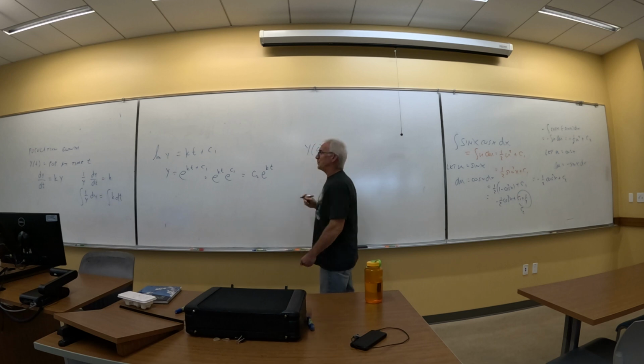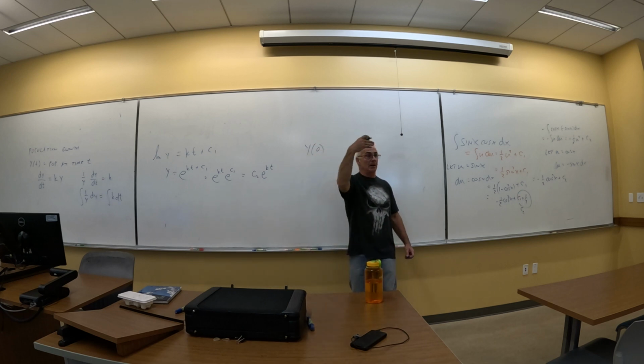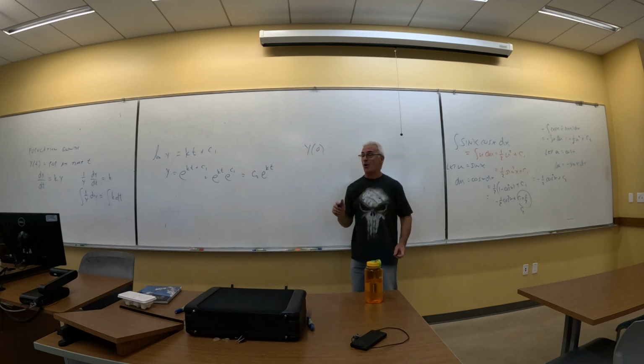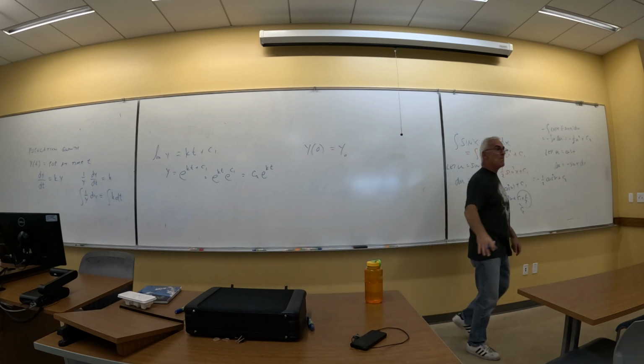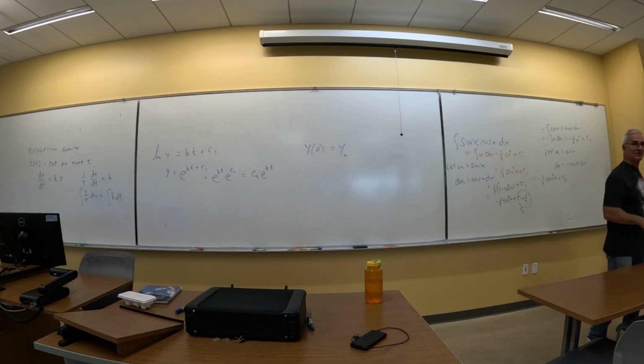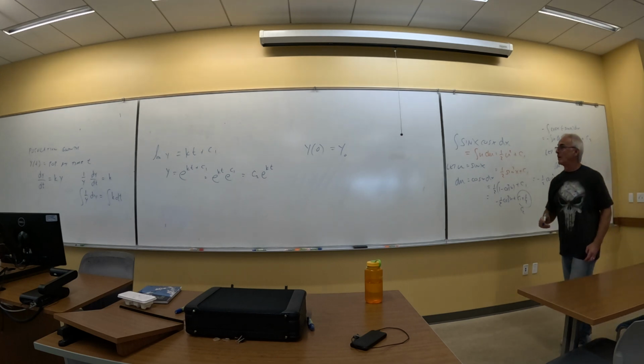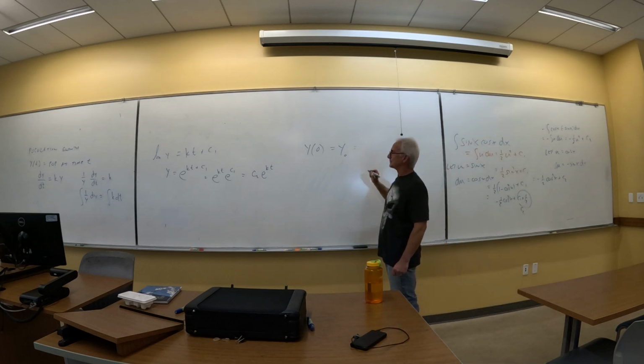Y of 0, that would be now. That would be, I'm starting the count today. That's called my initial condition, and we usually indicate it with a subscript of 0. Most of you are familiar with this in your science classes, right? A subscript of 0 means evaluated now, at time 0. What does this equal? Well, let's see, it would be C2 e to the 0.